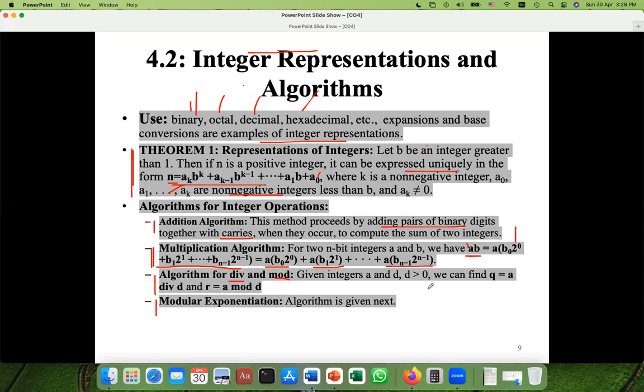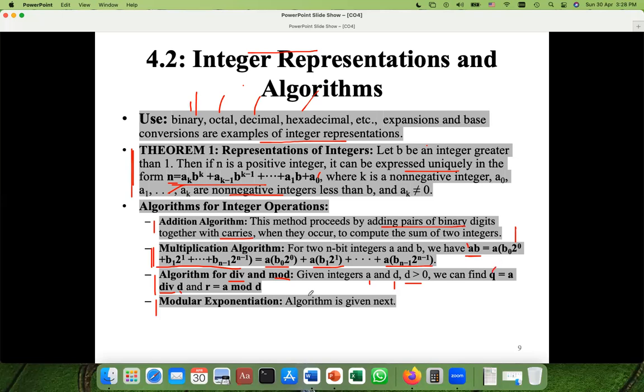For division, if you have two integers A and D, where D is positive, then Q is equal to A div D. What does it mean? We are dividing A by D and getting the quotient.